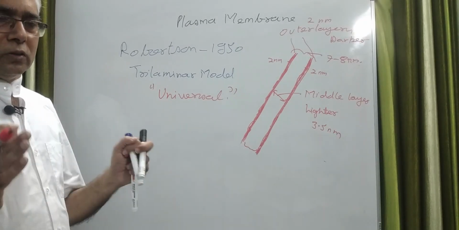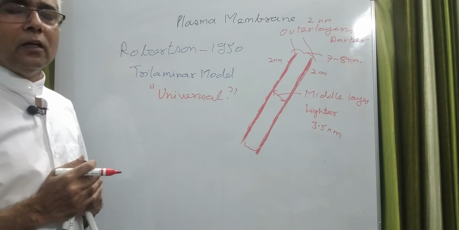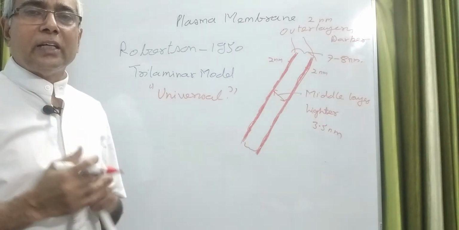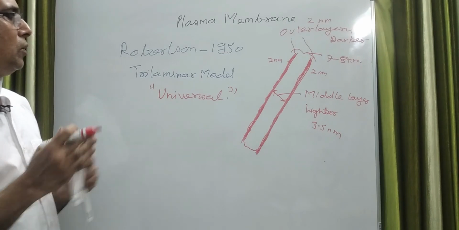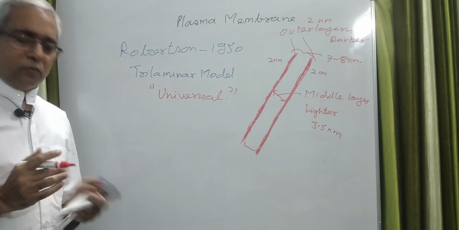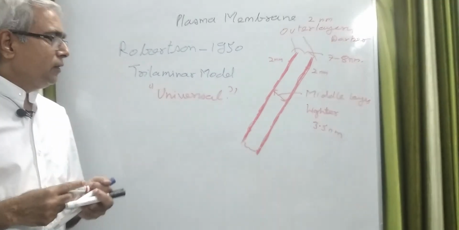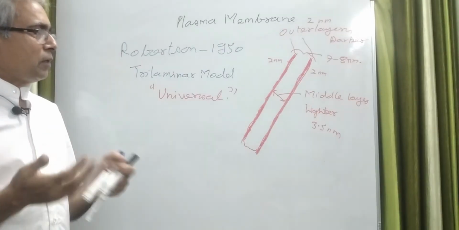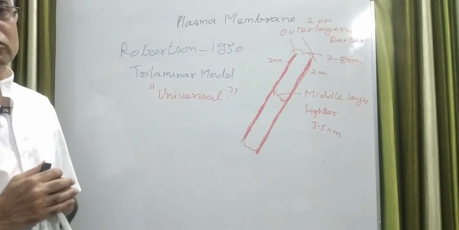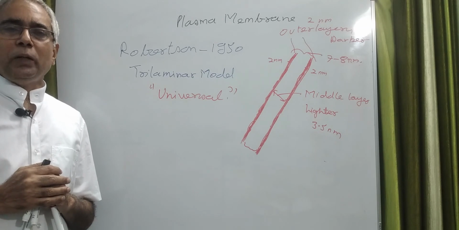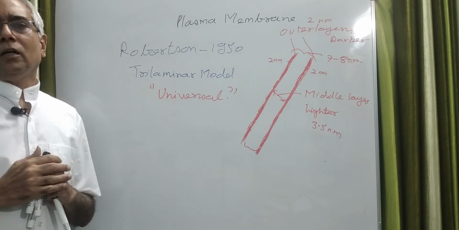Because that needs a long explanation, watch the next video to understand how the fluid mosaic model presented by Singer and Nicolson was able to explain the architecture of plasma membrane.